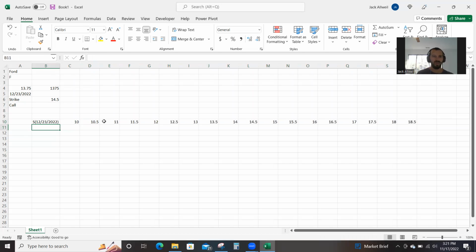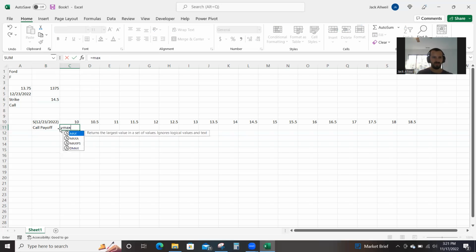Okay, so what is the payoff of the call? So the call is the right to buy the underlying stock at the strike price on or before the expiration date. So let's say on expiration, though, we're going to look at that. So what is the call payoff? So that is the max of 0 and the stock price minus the strike price.